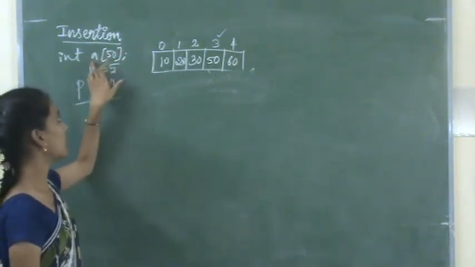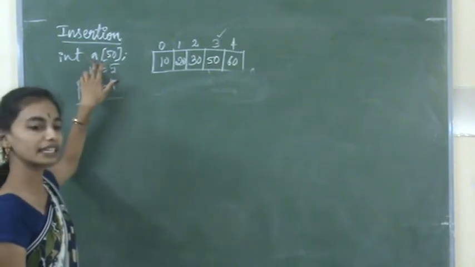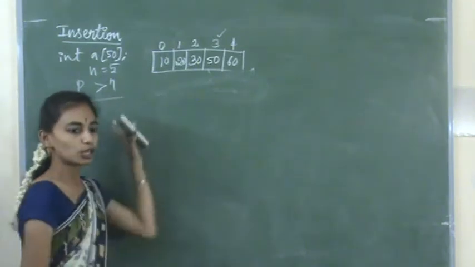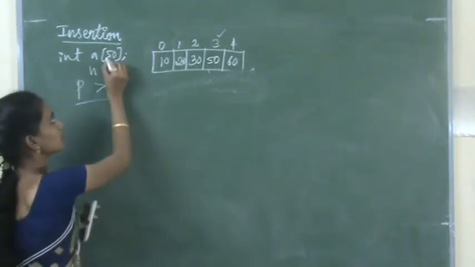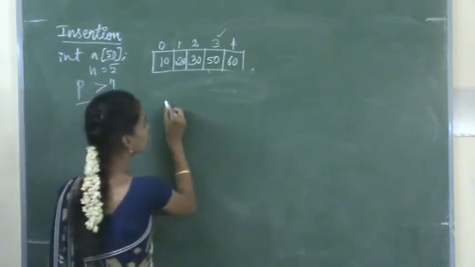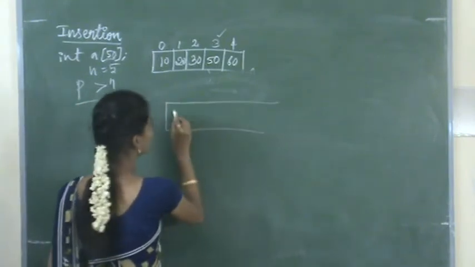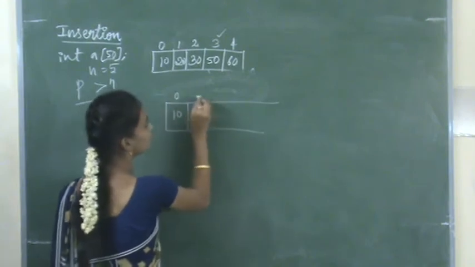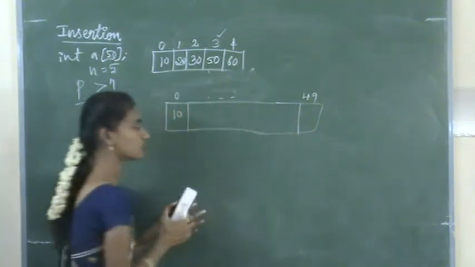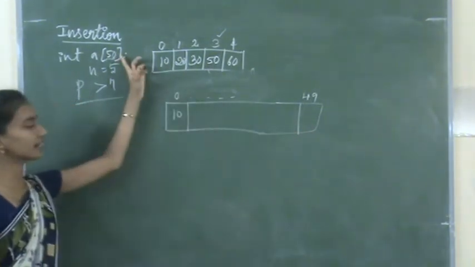It means the variable a is allocated memory space to store the values. It will store 50 elements, which means the memory will be allocated for 50 elements, right? 0 to 49.